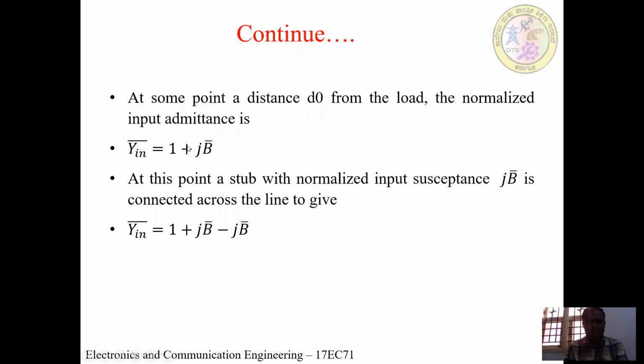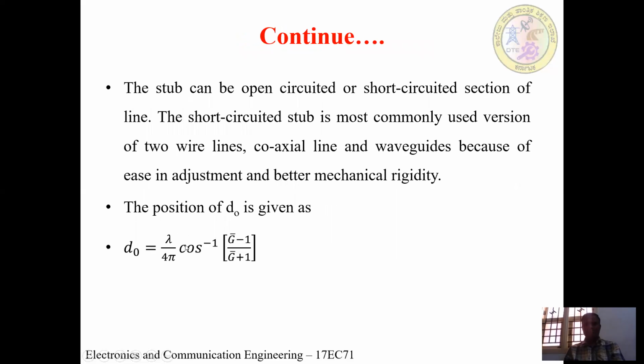At this point, a stub with normalized input susceptance minus j beta is connected across the line. These two cancel out when I consider this at the particular distance D naught, and finally I am left with Yn equal to 1.